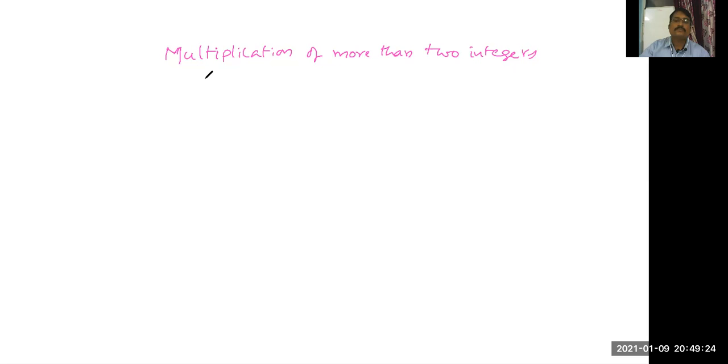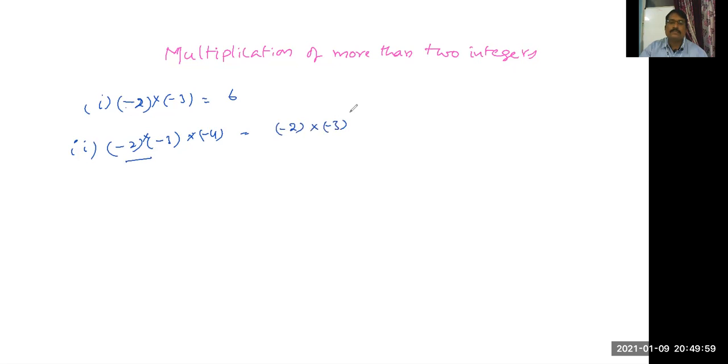Okay, so first example I can take minus 2 into minus 3 is equal to what? As usual, negative integer into negative integer is a positive integer. Next, second, minus 2 into minus 3 into minus 4. So first we take these two.